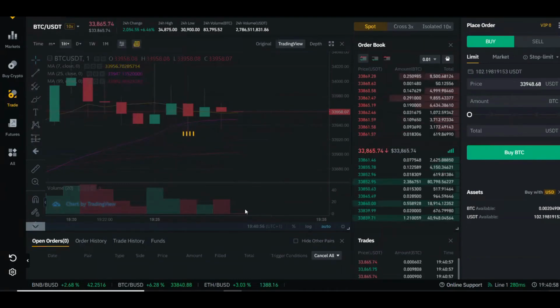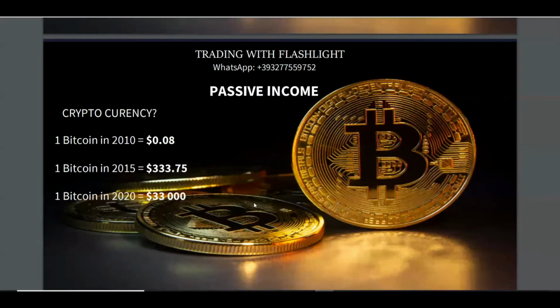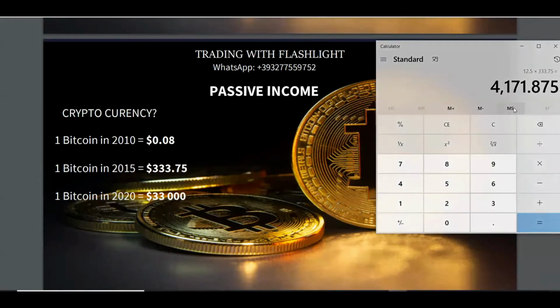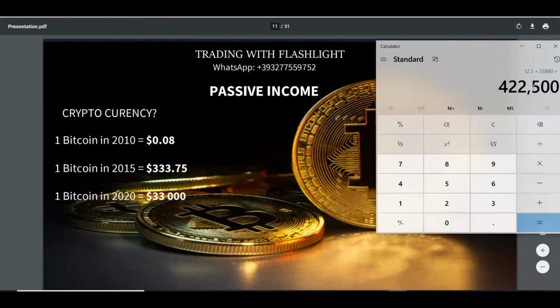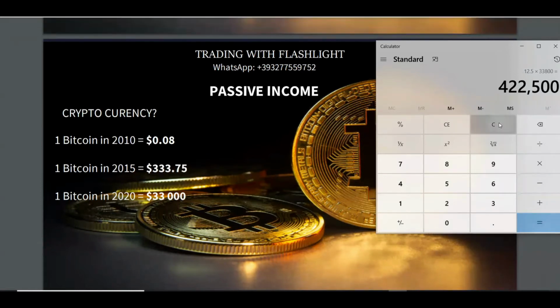Now, somebody that bought $1 of Bitcoin in 2010, which was at that time 12.5 Bitcoins, 10 years later, the person is having 33,800, as we saw. Now, the person is having almost $500,000 with just $1 spent.